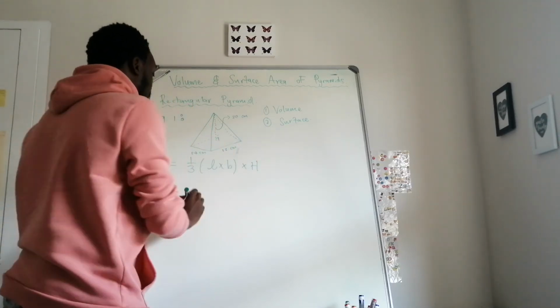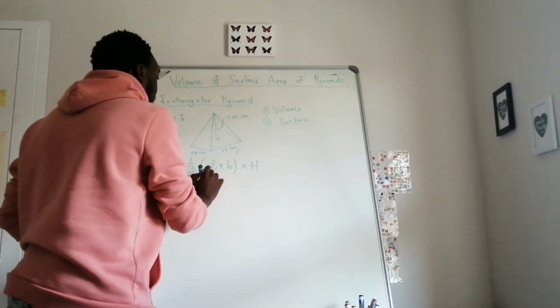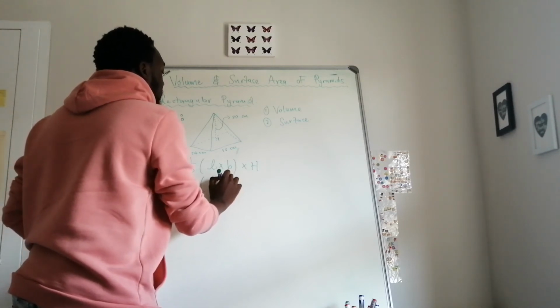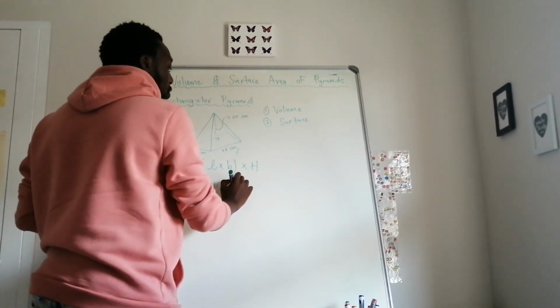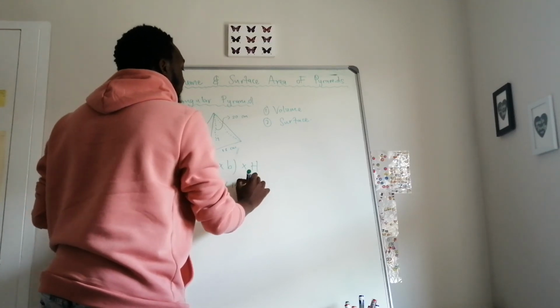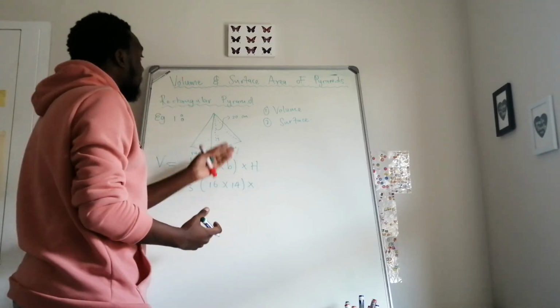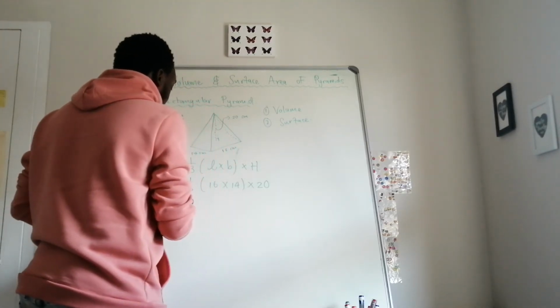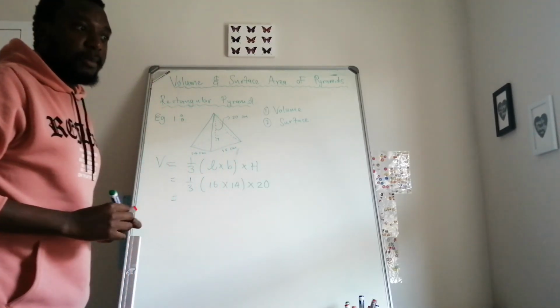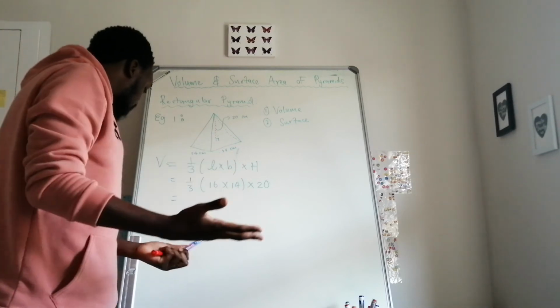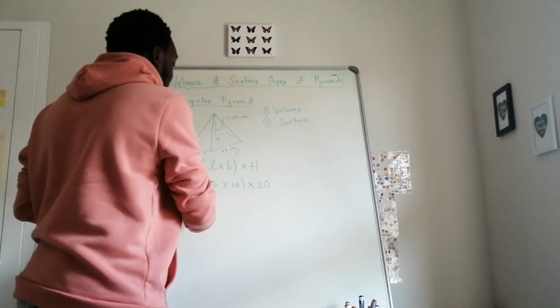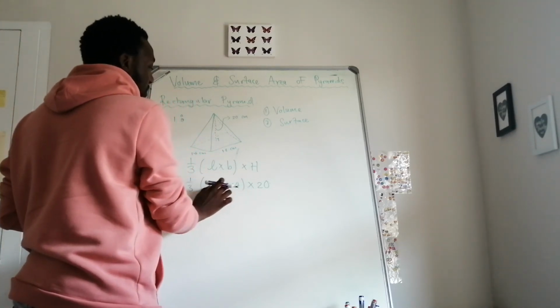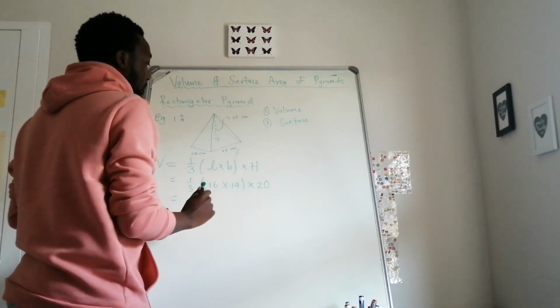The length is the longest side, it's 16. What is my breadth there? It's 14. And what is my height there? The height here is 20. So when you multiply this whole thing, what do you get? You have half, you have a third. Need a calculator.